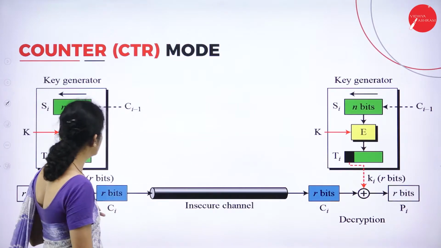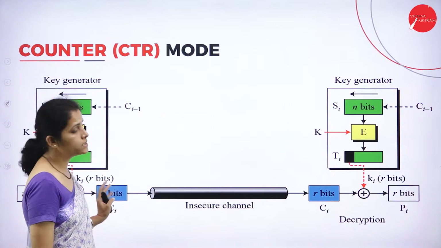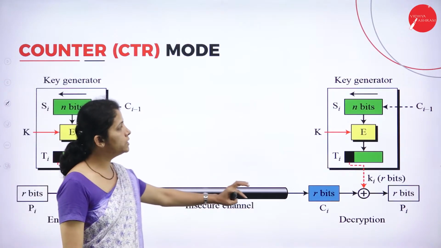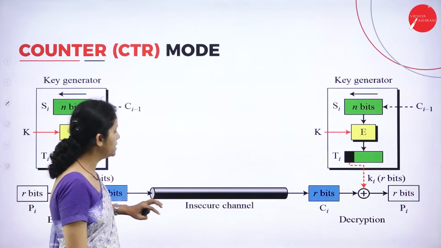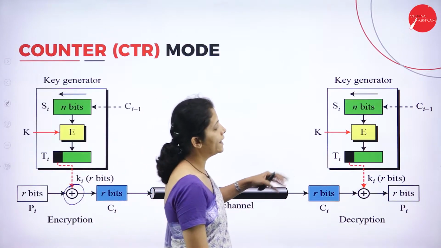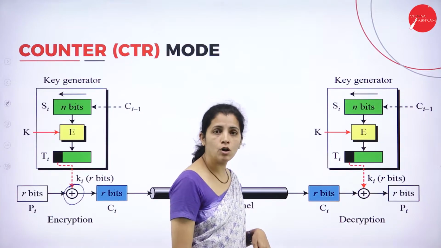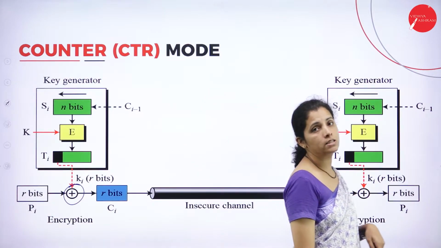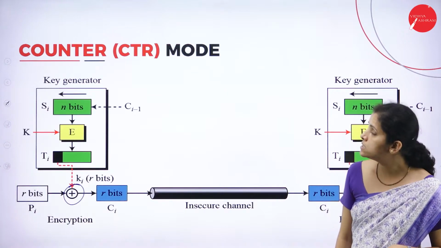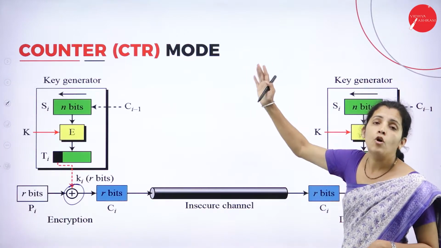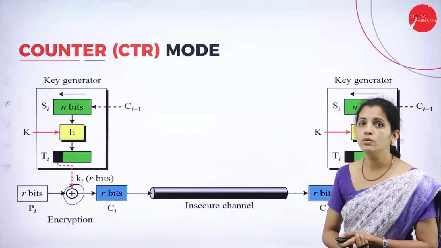After performing the XOR operation, I get the ciphertext that is sent to the receiver through the insecure channel. At the receiver's end, once again we apply the decryption algorithm in order to get the plain text. This is the way modern block ciphers work.